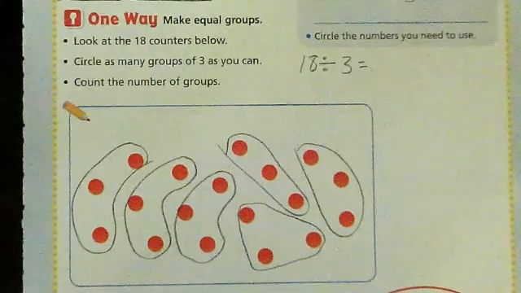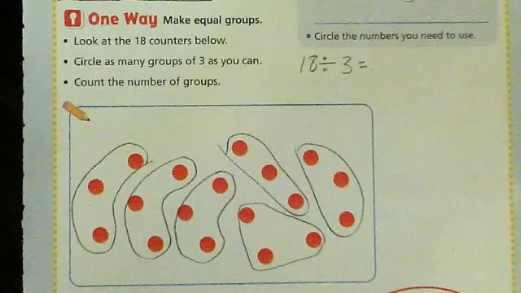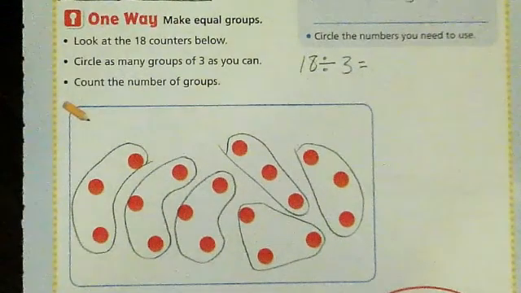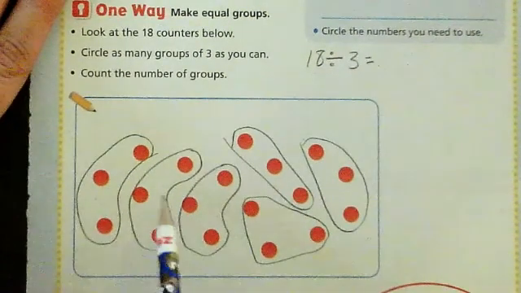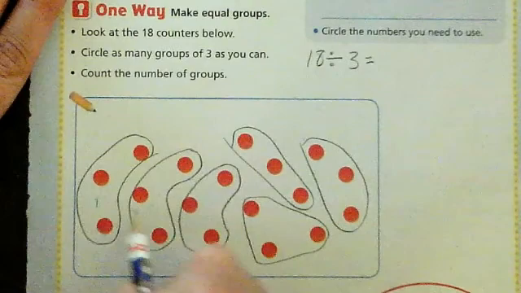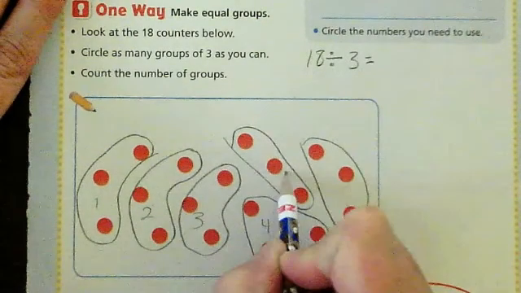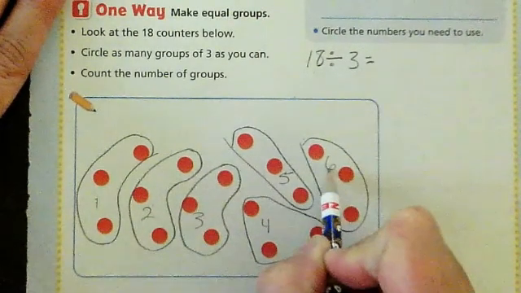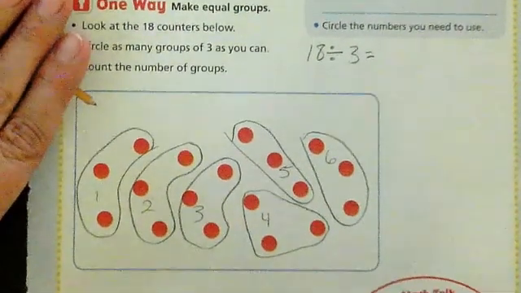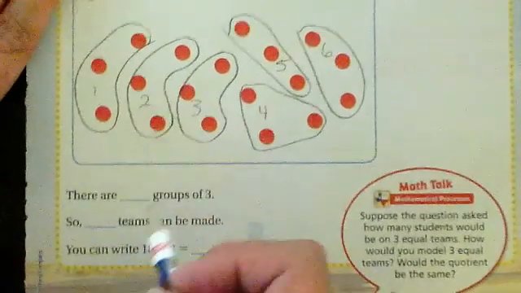So I've circled as many groups of 3 as I can. Now I need to count my number of groups. I have 1, 2, 3, 4, 5, 6. So there are 6 groups of 3.